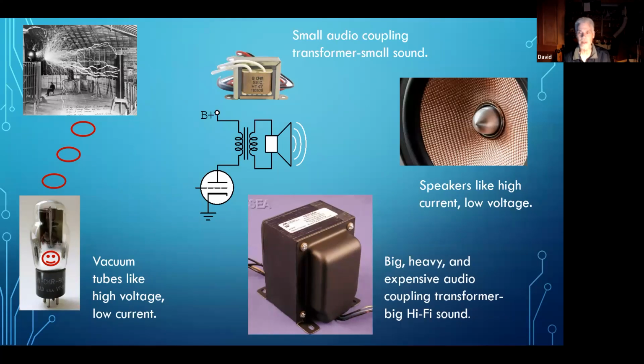Speakers need high current at low voltage, and so they don't really talk to each other very well. The traditional way of solving that problem is to incorporate a coupling transformer. If you use a small one, you get small sound. If you want full hi-fi richness, you have to have a big, expensive, heavy transformer.